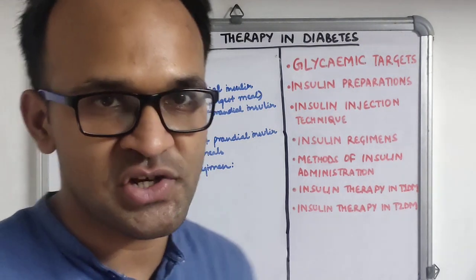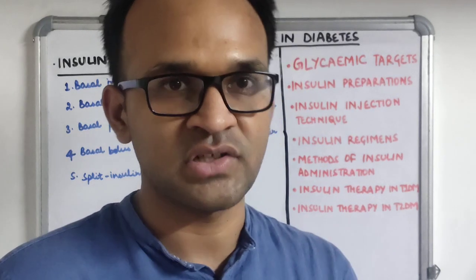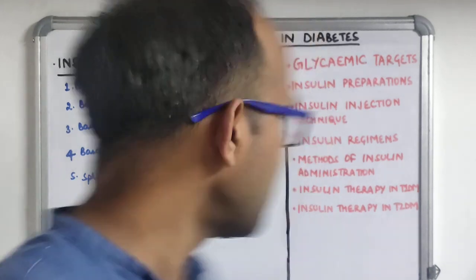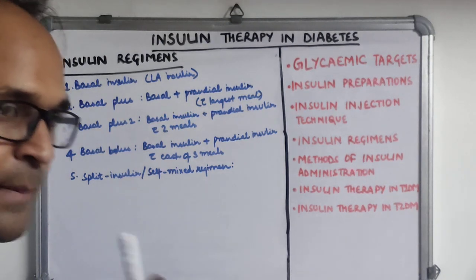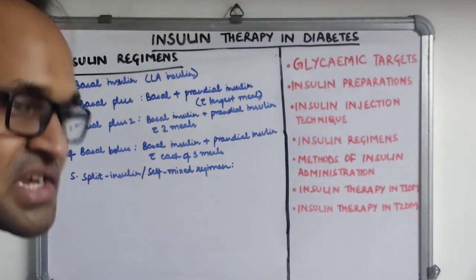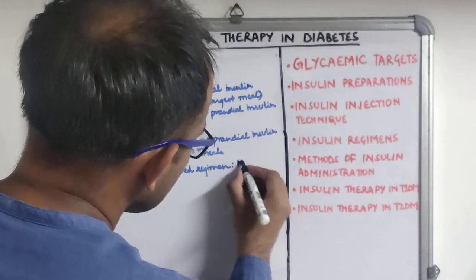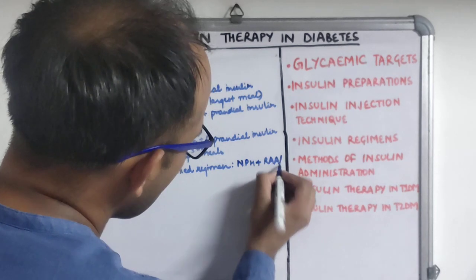NPH can be mixed with any of the rapid acting insulin analogs, but you cannot mix insulin glargine, detemir or degludec with these rapid acting analogs. So in this we mix NPH and the rapid acting analogs, so we can adjust their doses independently. These could be rapid acting analogs or regular insulin.